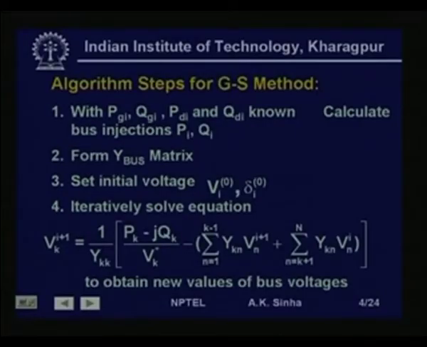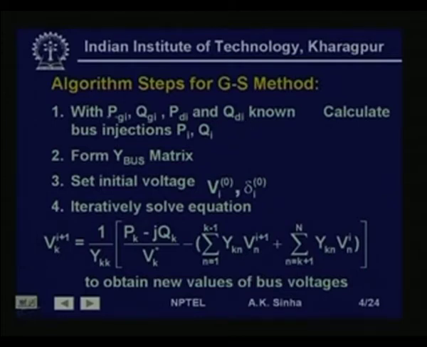Well, as we discussed in the last lesson, the algorithm steps for the Gauss-Seidel method are: first, we need to find out the bus injections P_i and Q_i from the known values of generation, that is P_Gi, Q_Gi, and the loads P_Di and Q_Di at bus i.